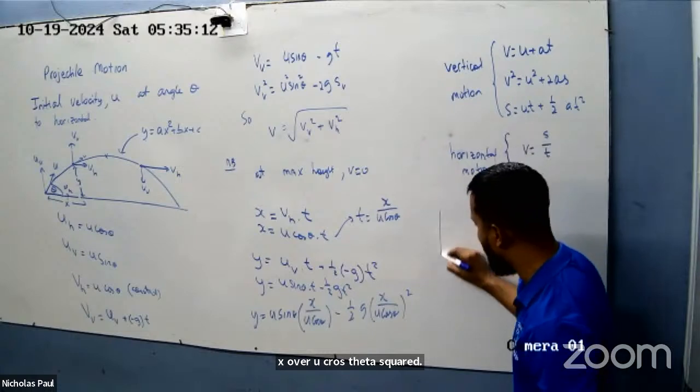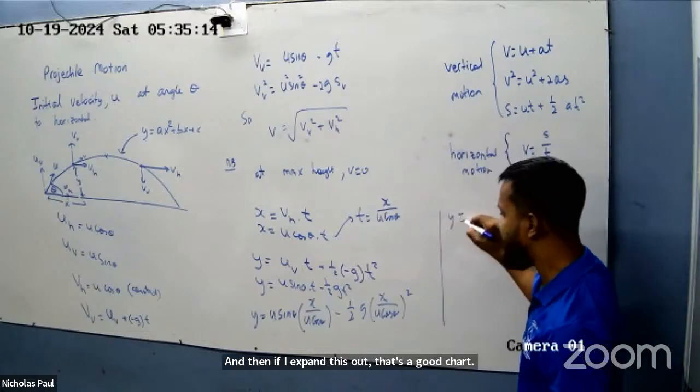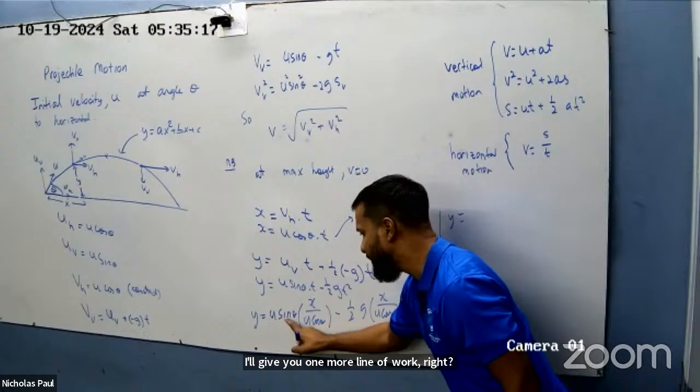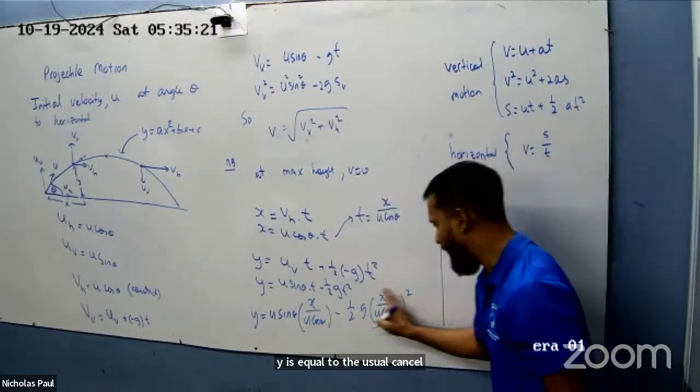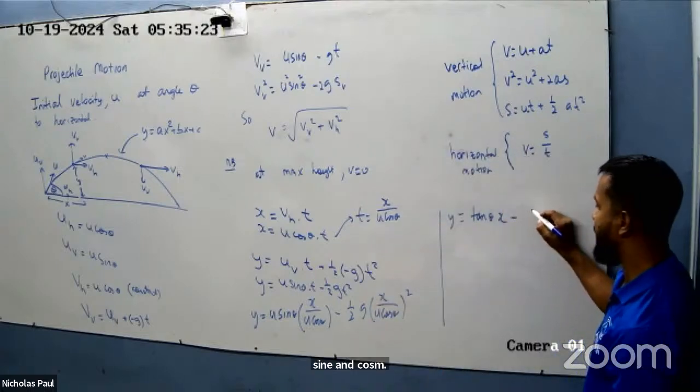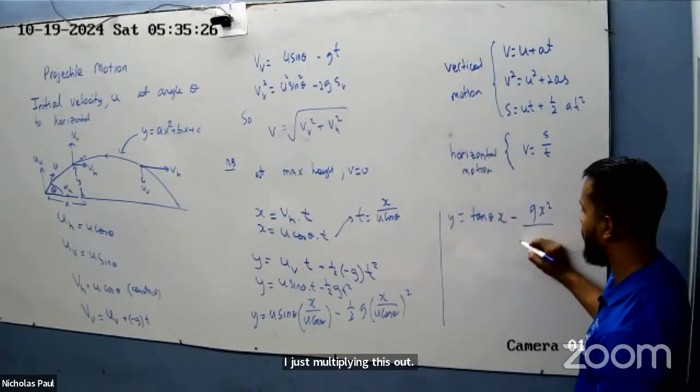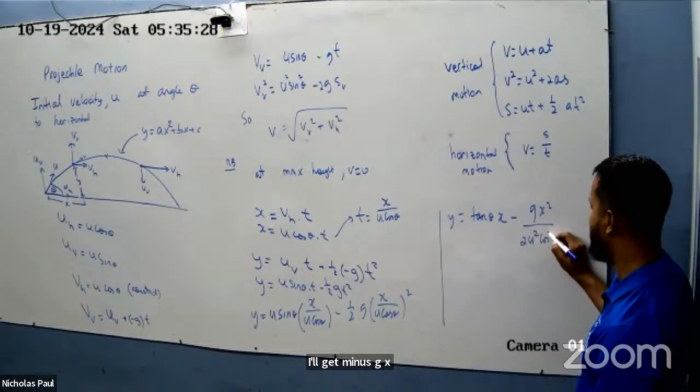Right? I'll give you one more line of work. y is equal to, the usual cancel, sin over cos is tan, and I'm just multiplying this out. I'll get minus g x squared over 2u squared cos squared theta.